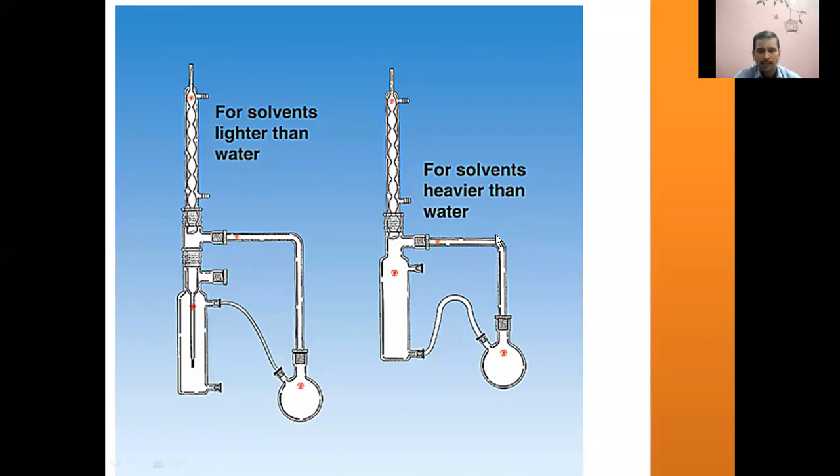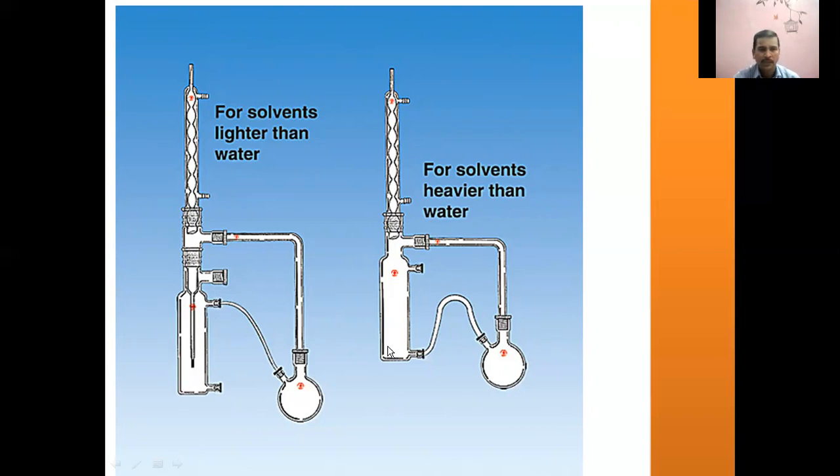If the organic solvent is heavier than water, then the organic solvent will be settled at the bottom of the aqueous phase. That's why the provision for the organic solvent to go back to the reservoir is at the bottom. Here, the organic solvent is lighter than water. Therefore, the provision for the organic solvent to pass into the reservoir is at the upper side.